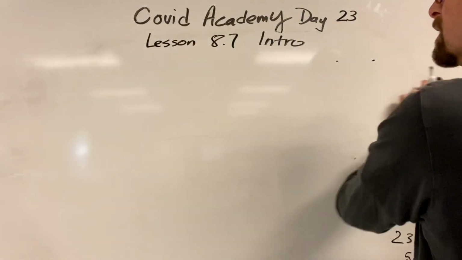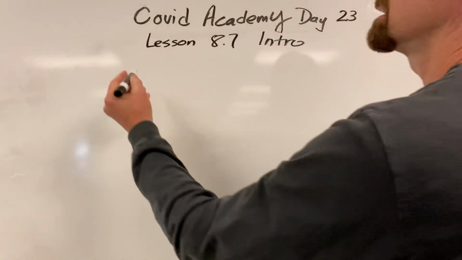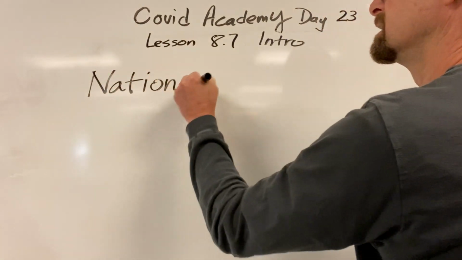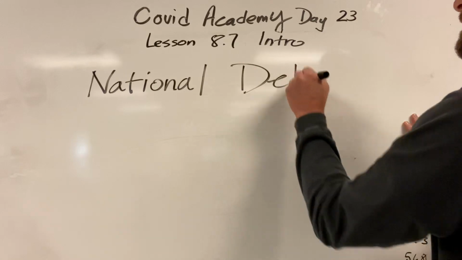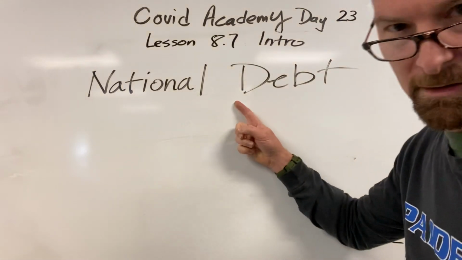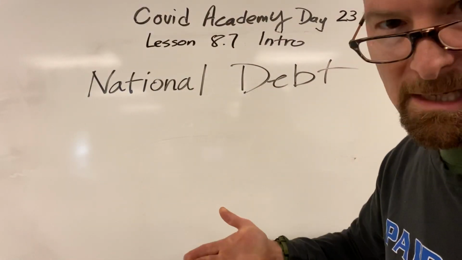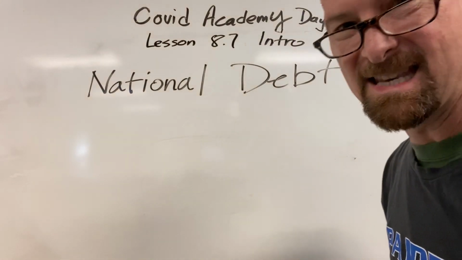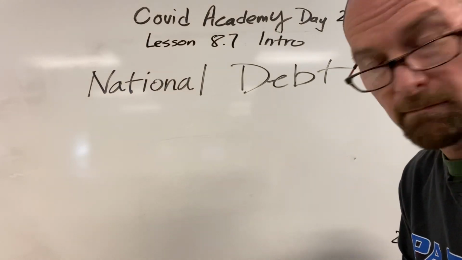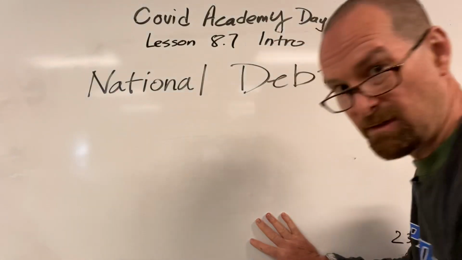Now, we're going to be talking today in this lesson about a subject that is going to be on the news a lot. And the reason it's going to be in the news a lot is because it's getting a lot bigger: how much money our country is in debt, in the hole, borrowed from itself and other countries. A lot of other countries, a lot of China.